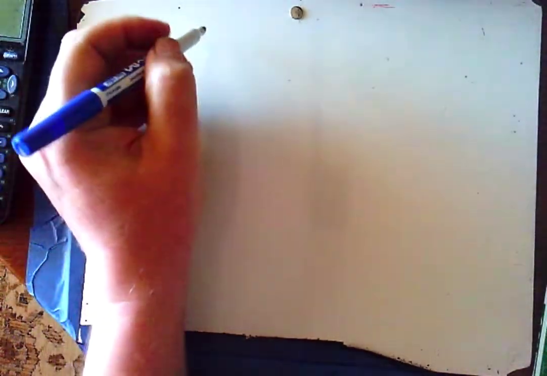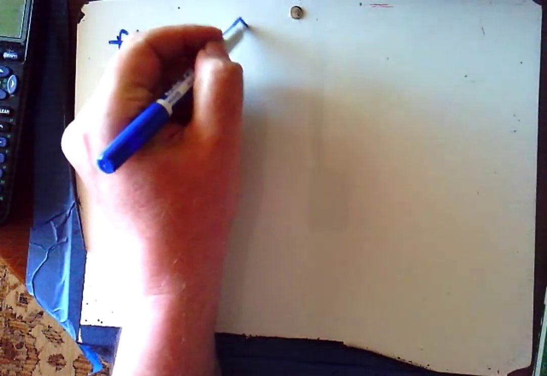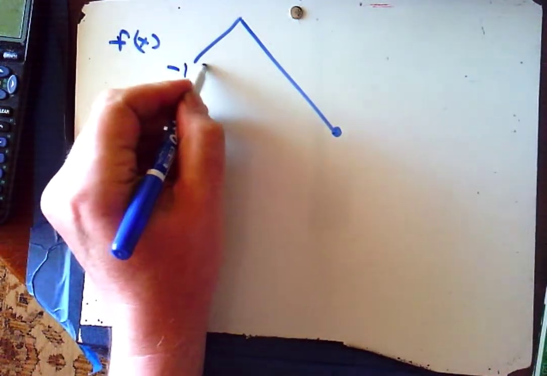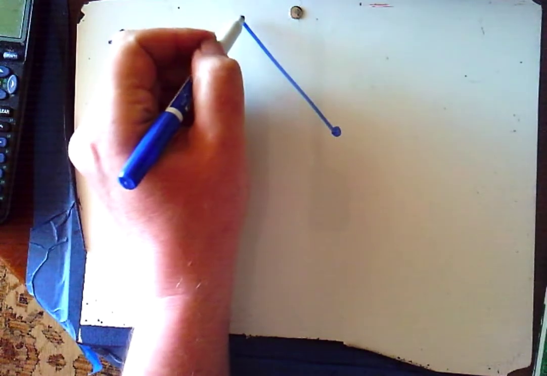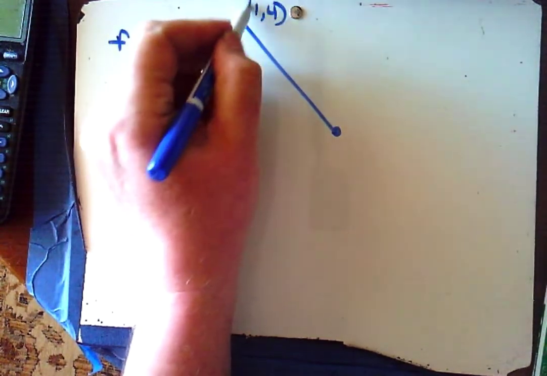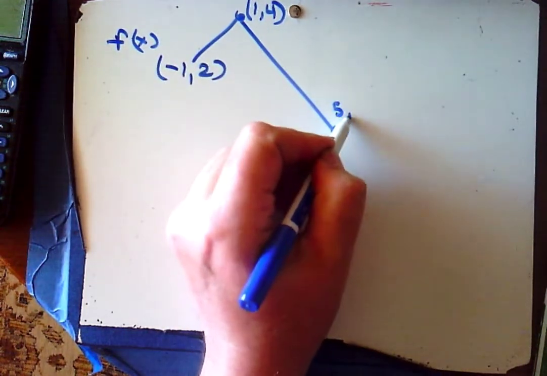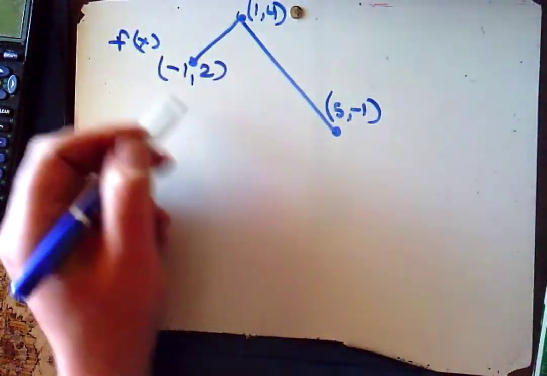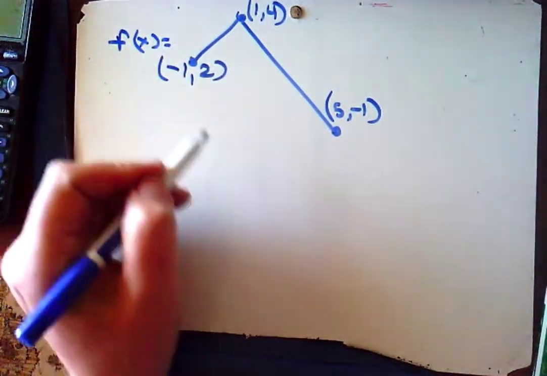So I'm going to give you a graph that we're going to use for all of these problems. I've got negative 1, 2, I've got 1, 4, and I've got 5, negative 1 over here. These are the reference points for this function, f of x.